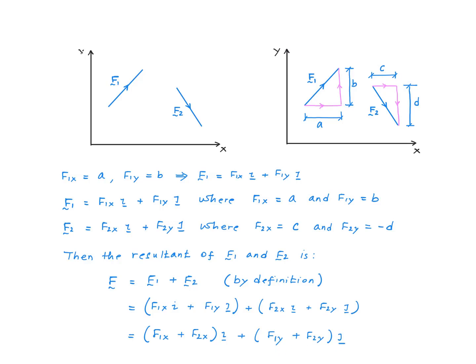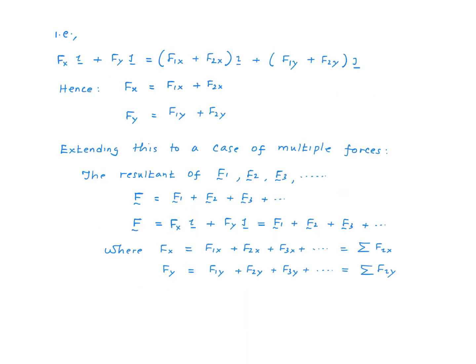So that will be F1y plus F2y multiplied by the unit vector j. In other words, the resultant vector F, which can be written as Fx times i plus Fy times j, is given by this expression. Now equating the terms that go with a particular unit vector on either side of the equation, we get this. Fx equals F1x plus F2x, Fy equals F1y plus F2y.